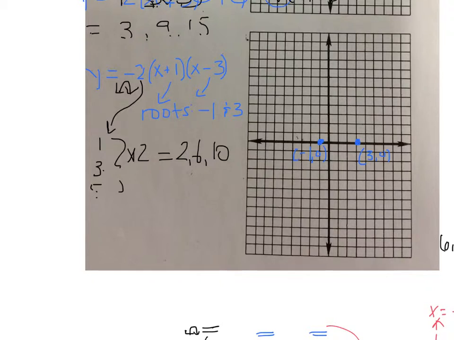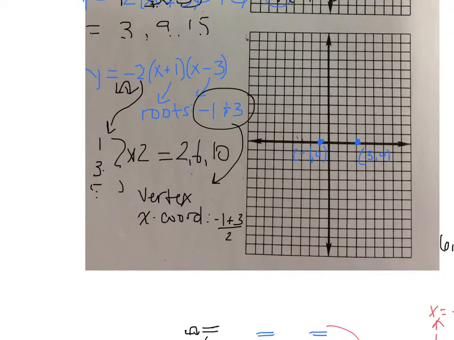So how do we find the vertex if we know the roots? Well, if we know the roots, our vertex is going to have an x coordinate that is the average of those roots. So for the vertex, the x coordinate, or the axis of symmetry, same thing, is going to be the two roots added together and divided by 2.